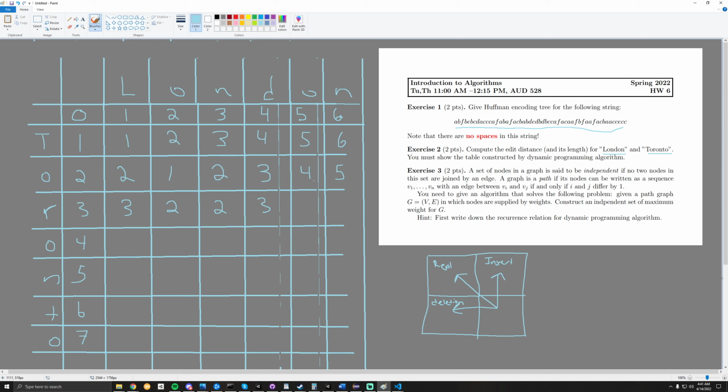R does not match O, lowest of our neighbors plus 1, 4, and 5. So far, we've seen it takes 5 operations to convert London to TOR, 5 operations to convert London to TO, 6 to convert London to T, because we don't have that extra O to help out, and again 6 to convert London into nothing. And we keep filling these out.